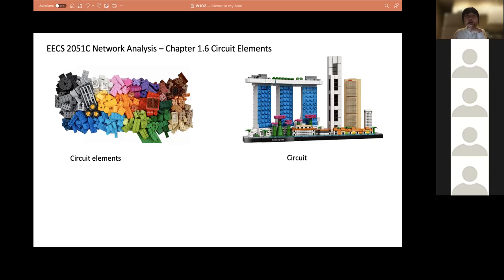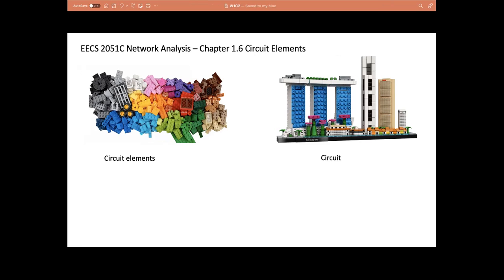As I stated yesterday, a circuit is an interconnection of circuit elements. This relationship is, for me, like loose Lego pieces and a finished Lego project: circuit elements and the circuit.